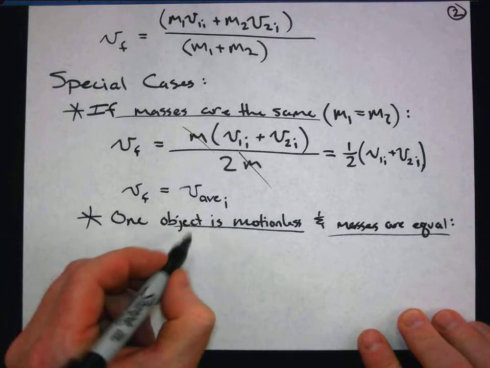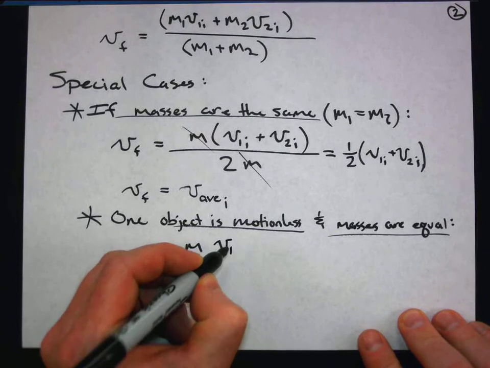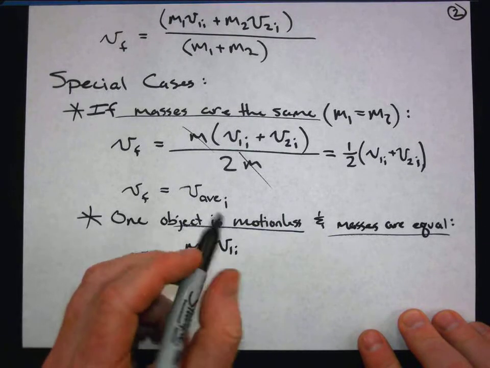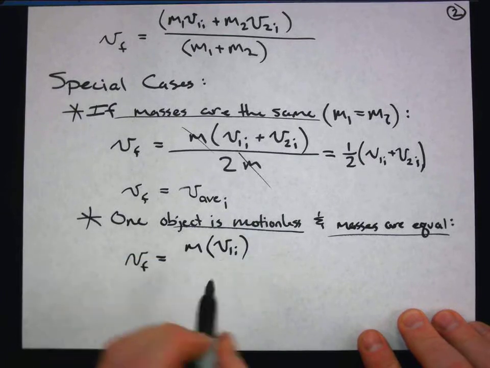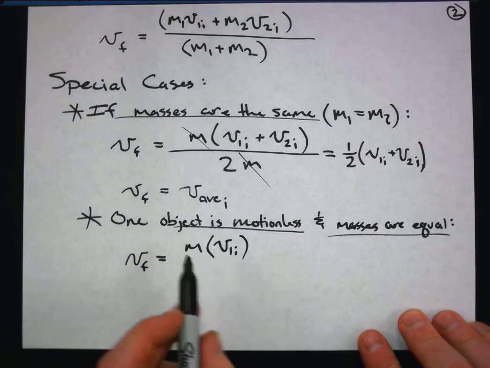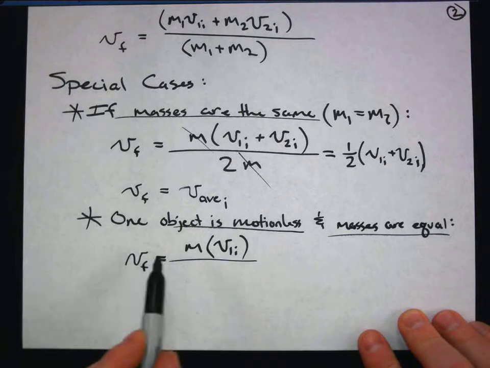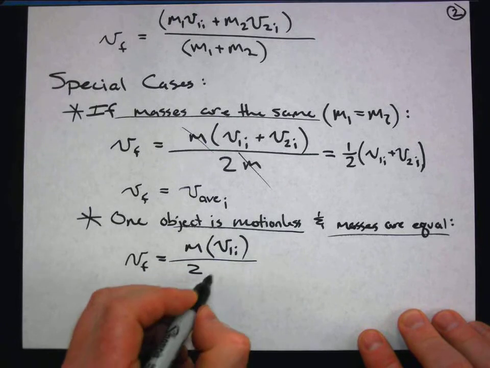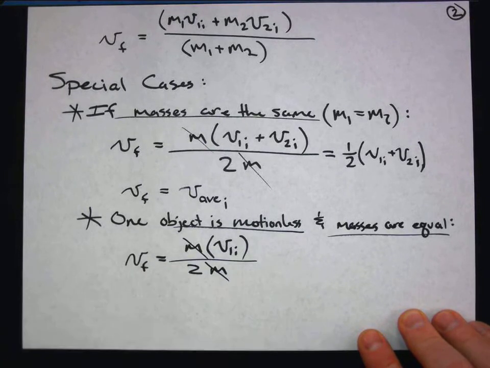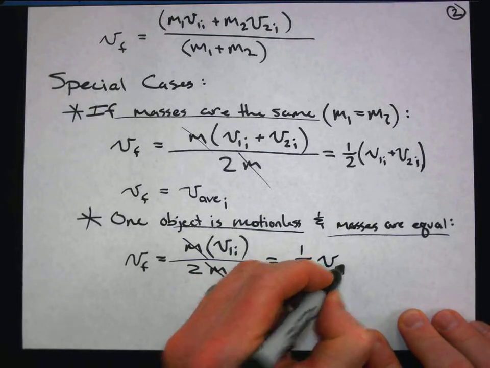And when we combine these two conditions, we're going to see that the final velocity comes out to m times the velocity of object 1. Remember, because one of the objects has no initial velocity, it would be 0. So object 2 in this case would have 0 initial velocity, and I'm going to divide by 2 times m, and of course mass cancels, and what we have is 1/2 the initial velocity of object 1.